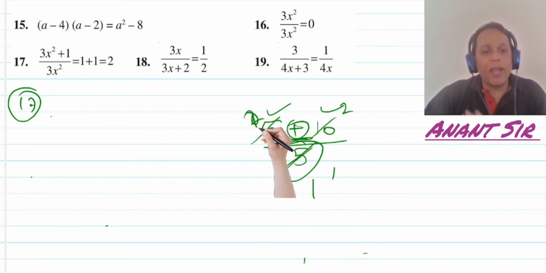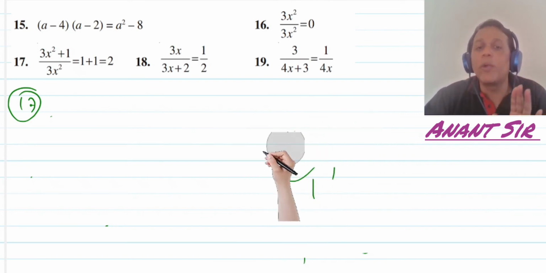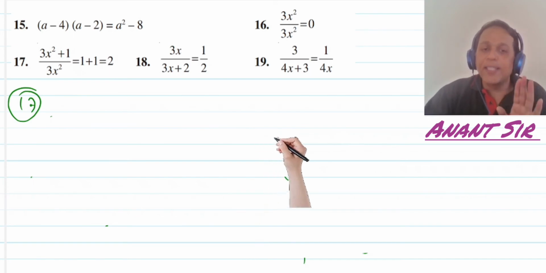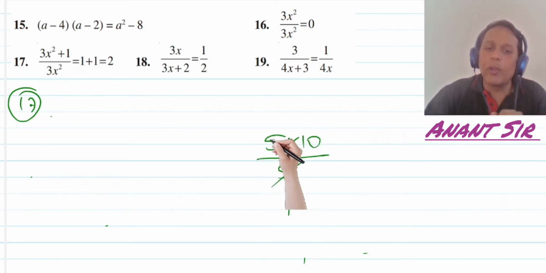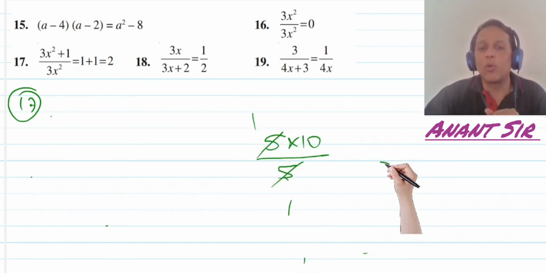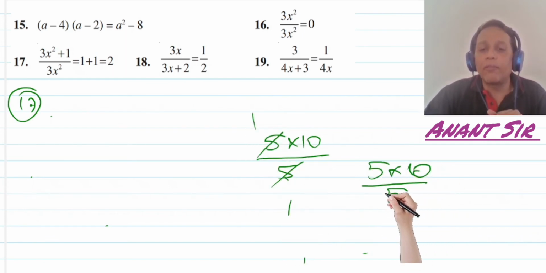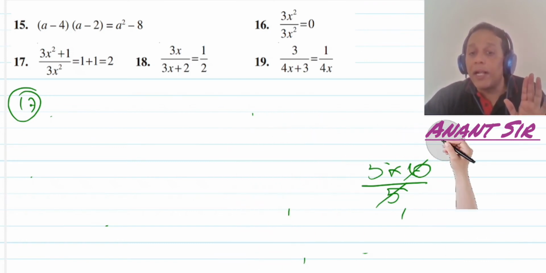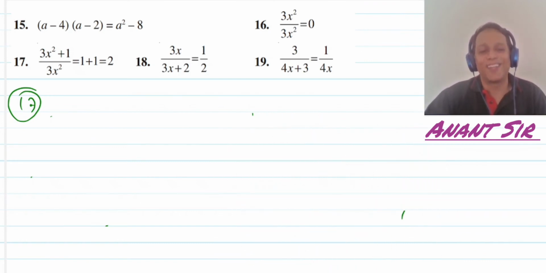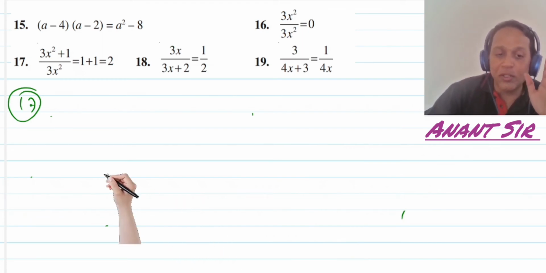You can simplify it if it was multiplication, then you can do it 5 on the 5, 5 on the 5. Or if you want to divide it with 10, 5 on the 5, 5 to the 10, you can do it, no problem. But it has to be multiplication between the terms. Okay, so this is not possible, this is wrong.